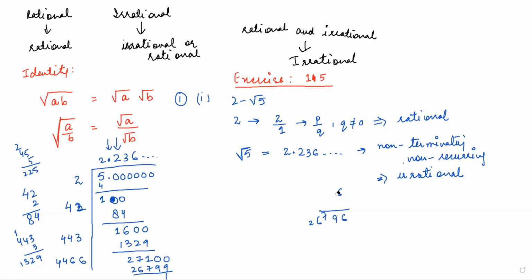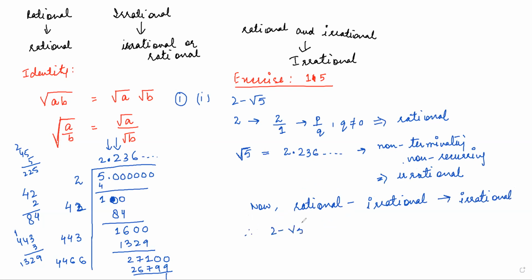So what should I get? Irrational. Rational minus irrational actually gives you an irrational number. Therefore 2 minus under root 5 is irrational.